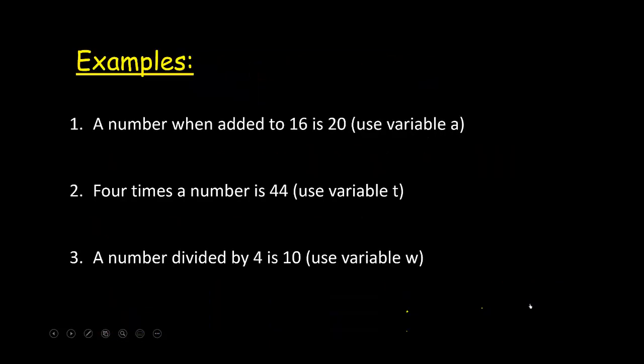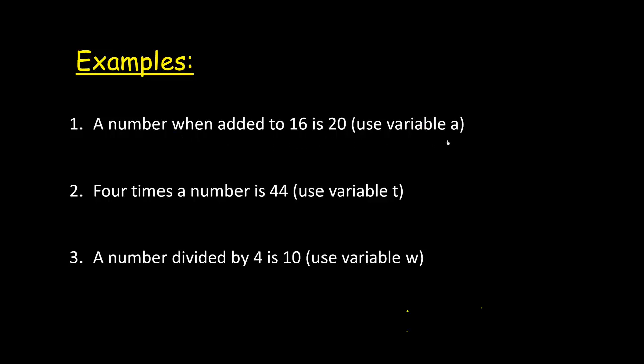Now, up to this point, we have learned what equations are, what LHS and RHS are, and how LHS and RHS must be equal to each other. In this slide, we are going to learn how to write equations. First, let's see what we have. A number when added to 16 is 20.